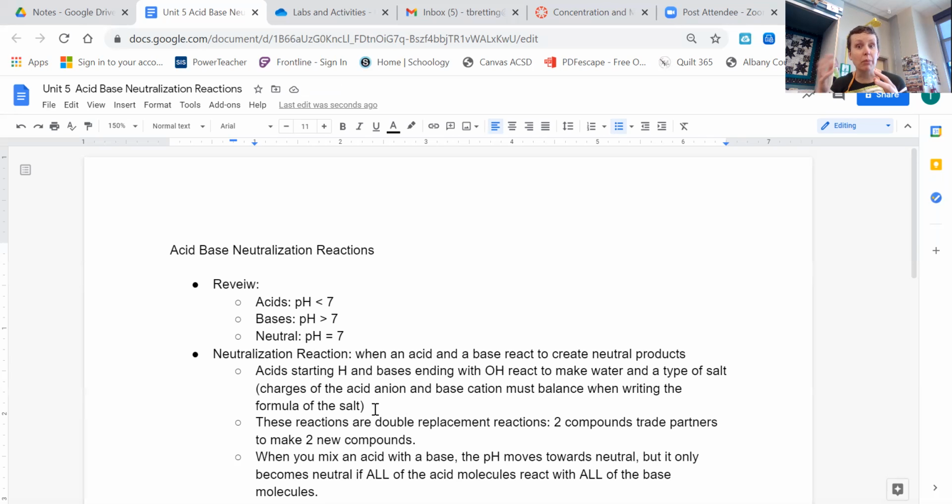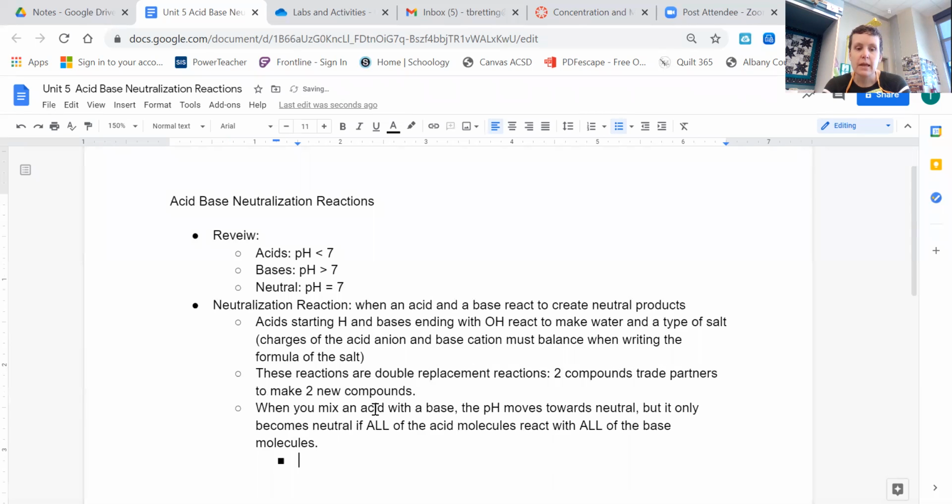But if you have more base molecules than acid, the ending pH is going to be basic because you have leftover base after the reaction. Or the other way around, if you have leftover acid molecules, the pH is going to be acidic. If the concentration of the acid is greater than that of the base, then the end pH will be acidic.